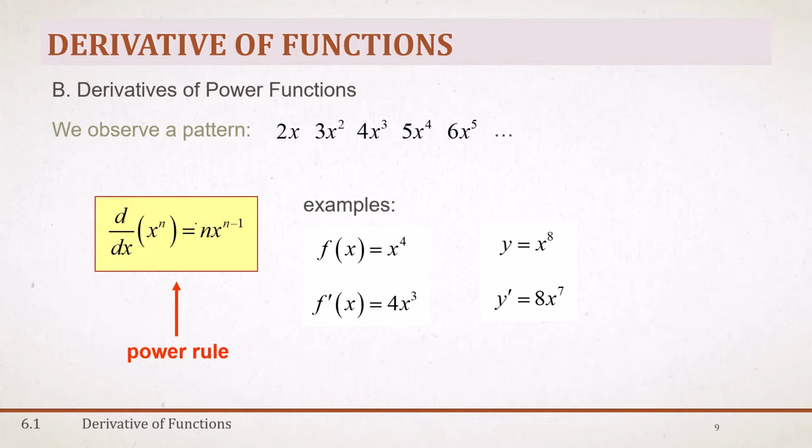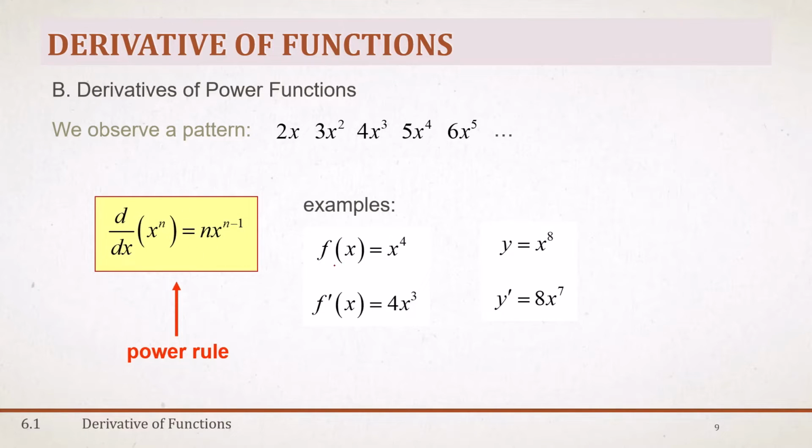So how we are going to do it is we bring the n in front, and the power becomes n minus 1. This is the standard derivative for a polynomial, using the power rule.